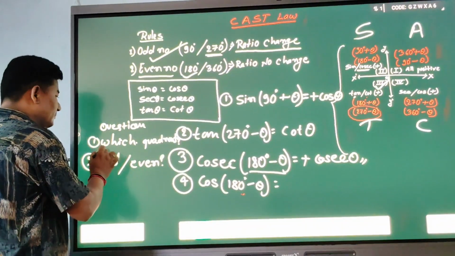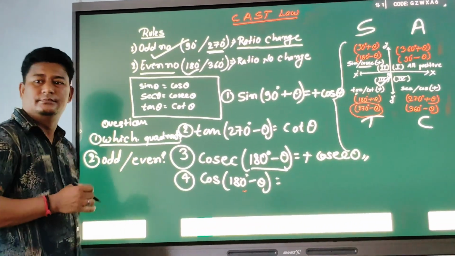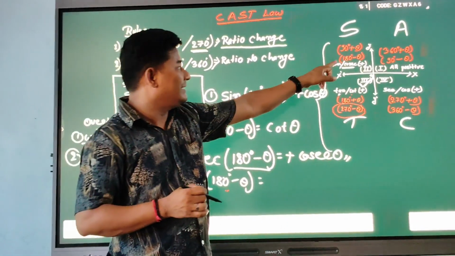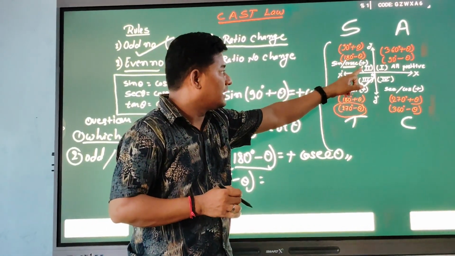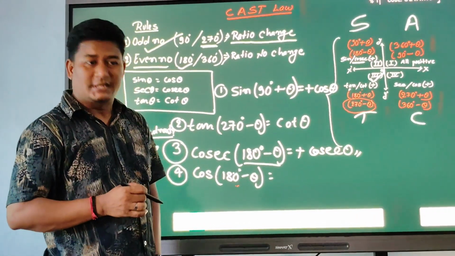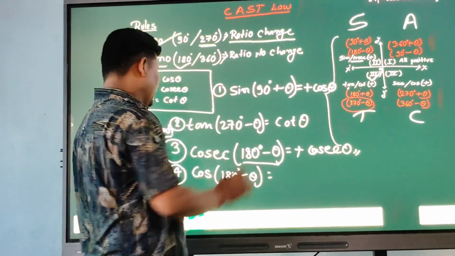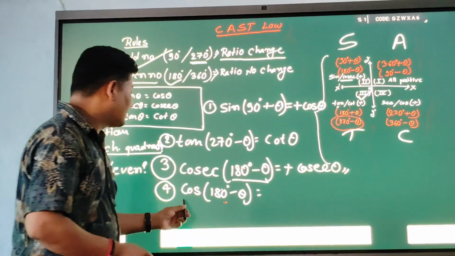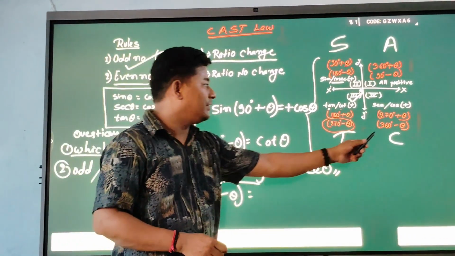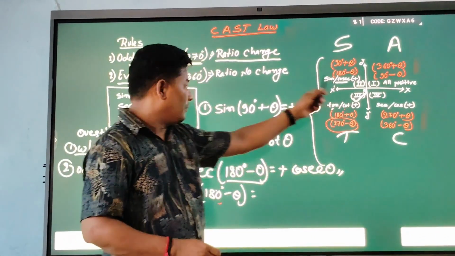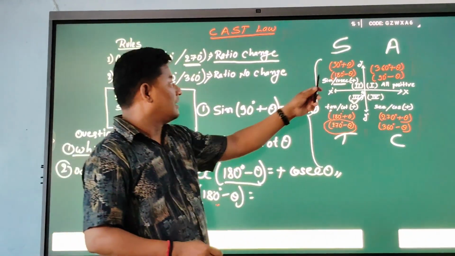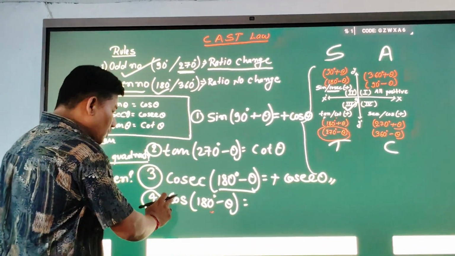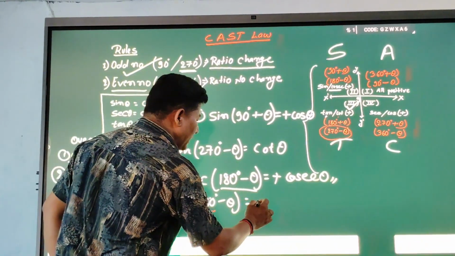First question, which quadrant? 180 degree minus theta is in the second quadrant, and in the second quadrant, sine and cosec are positive, not cos. Cos is positive in the fourth quadrant, but this value lies in the second quadrant. That's why cos is negative in the second quadrant.